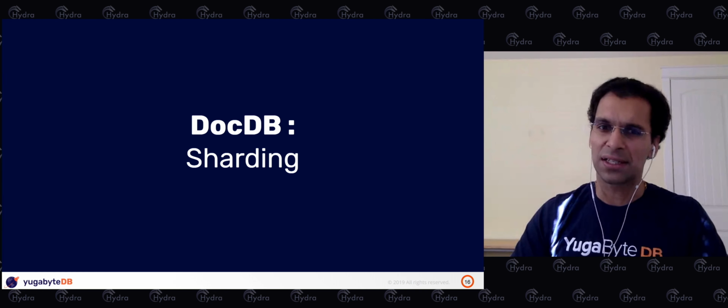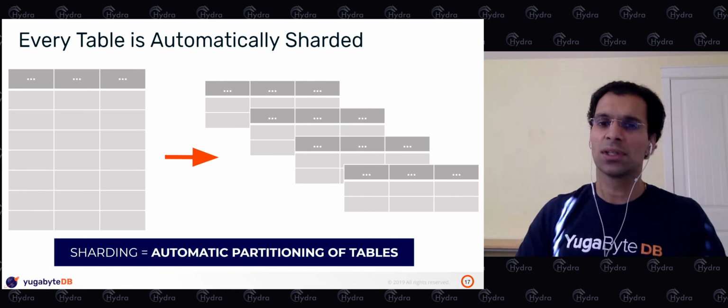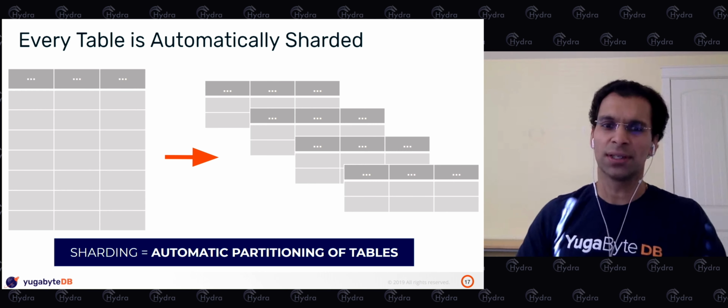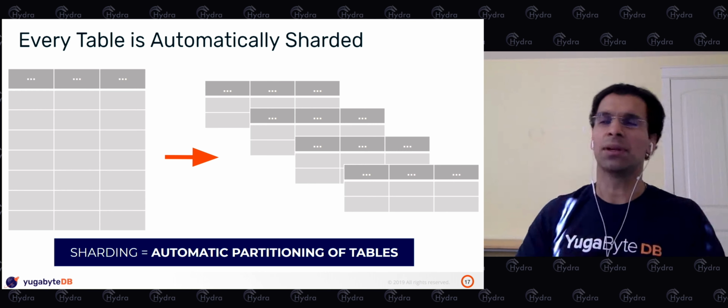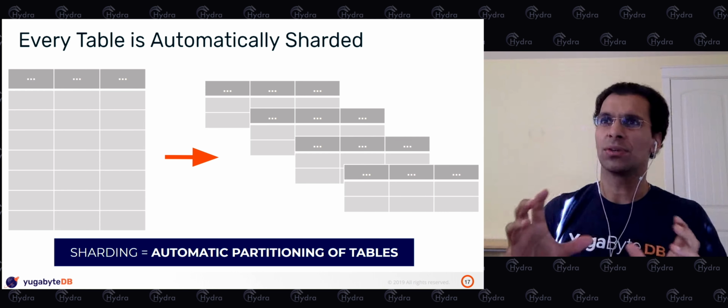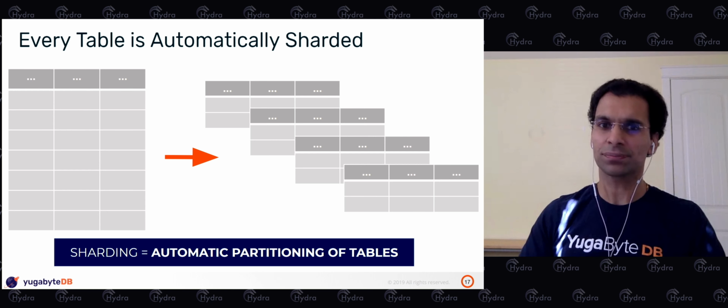Now, the first thing that DocDB needs to do is to be able to distribute the data of a table across multiple nodes, right? So how do we do this? We do this with something called internal sharding. If you take a table, the data is automatically split into multiple groups of rows. Each of these splits or shards is called a tablet, right?